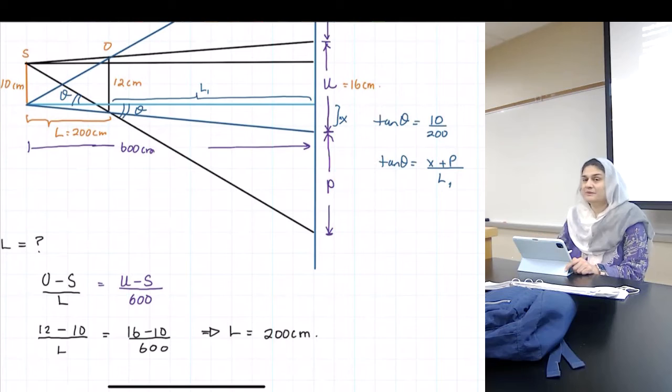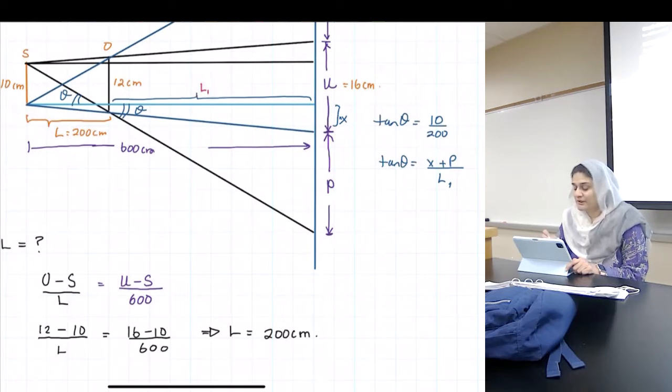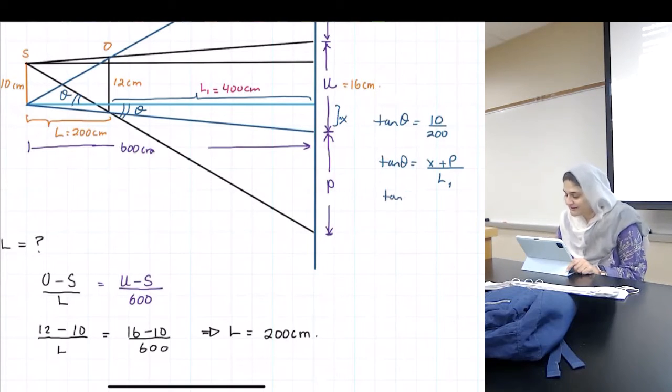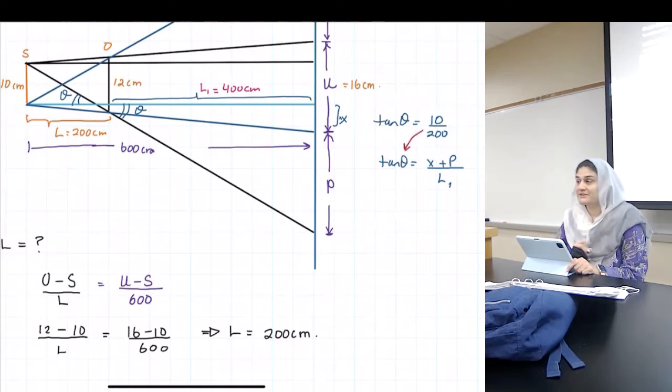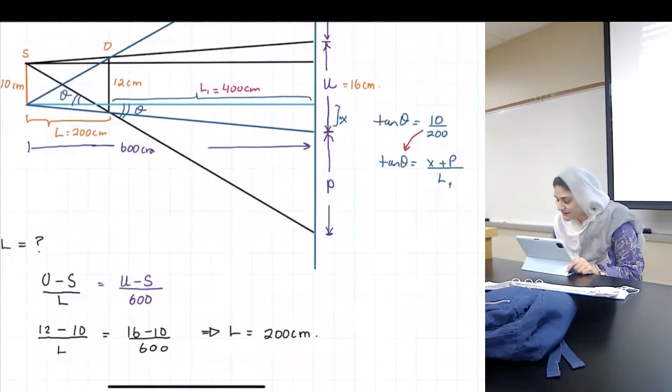And what is this L1? 400, because 600 minus 200. Can I replace this tangent theta with this? They're the same thetas, right? So then I may write this as 10 over 200 equals x plus p divided by 400.